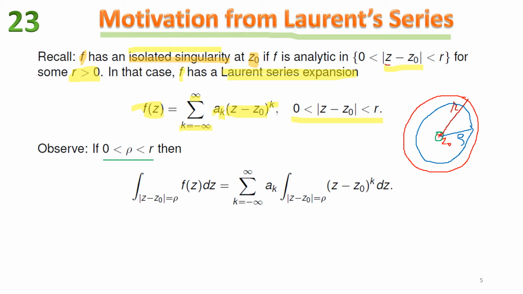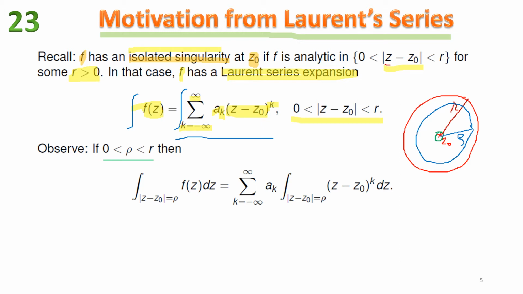Under this situation, we can integrate this equation on both sides. And one more thing I want to narrate to you at this point of time, that the series which is expressed here, this series under this situation converges locally uniformly in the punctured disk. That's a key point.